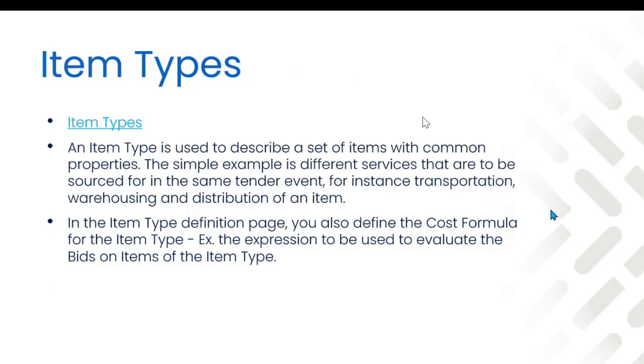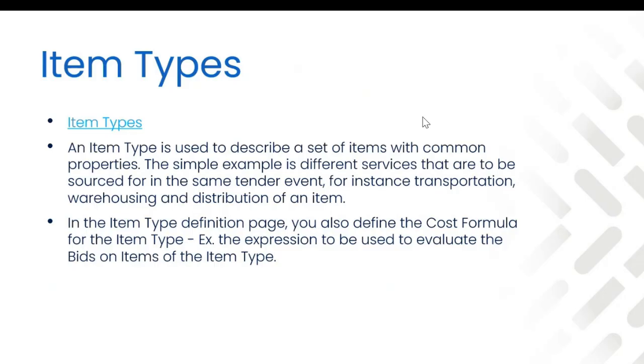So, item types, as I explained, are used to describe a set of items with common properties. The simple example is different services that are to be sourced in the same tender event. In the case of phosphonates, we only have a single item type, phosphonates.